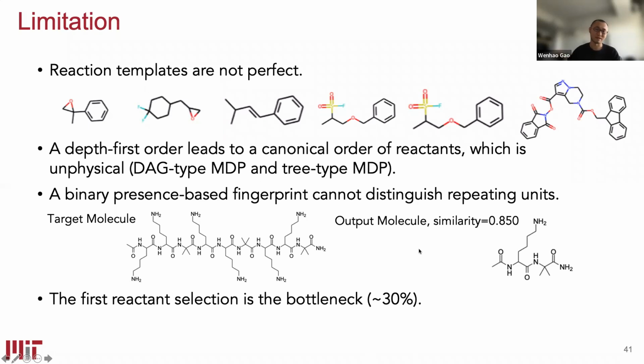So the current fingerprint cannot distinguish the repeating units if there are more of them. And overall, the bottleneck is the first reactant selection, which is the task that's given the least information. The top one accuracy currently is just about 30%.